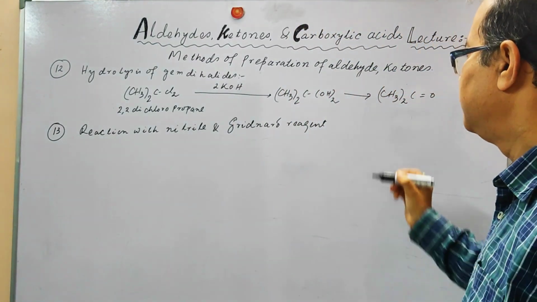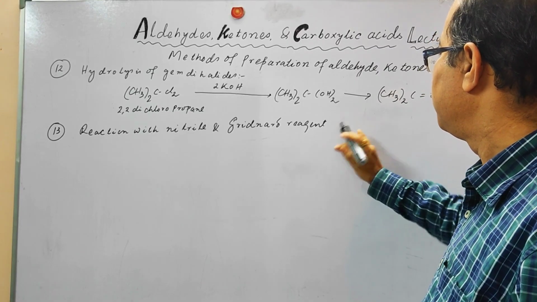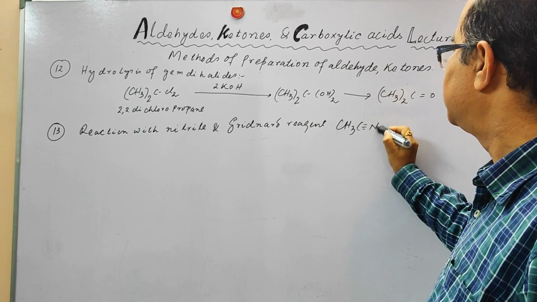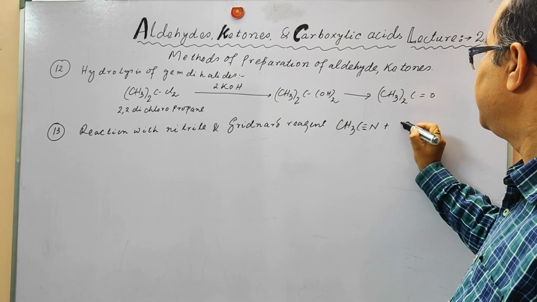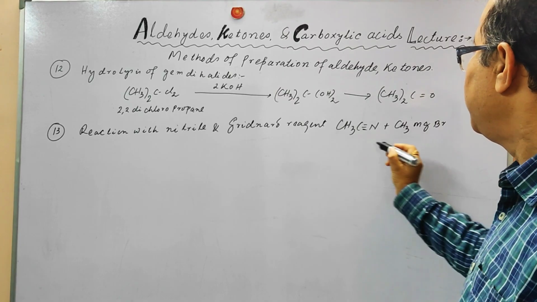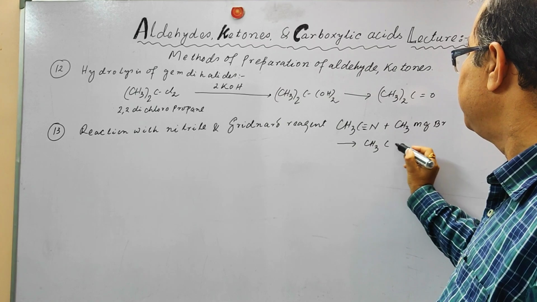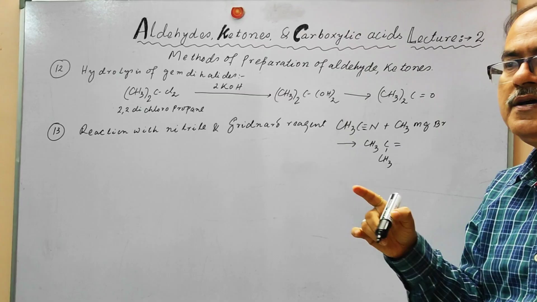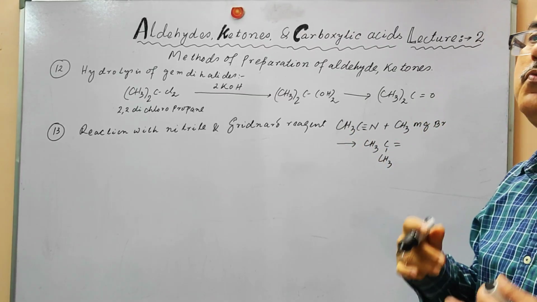In this case, we have taken, suppose, CH3CN, acetonitrile, and we react it with this Grignard reagent, that is CH3MgBr, and it is going to produce an intermediate, just like we discussed when discussing the reaction of HCN with the Grignard reagent, which produces the aldehyde.